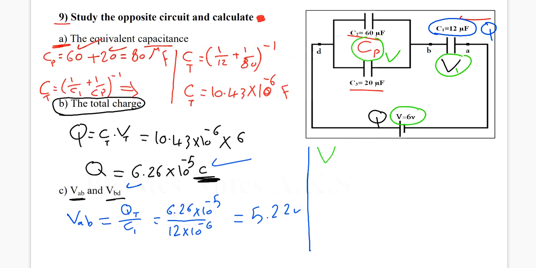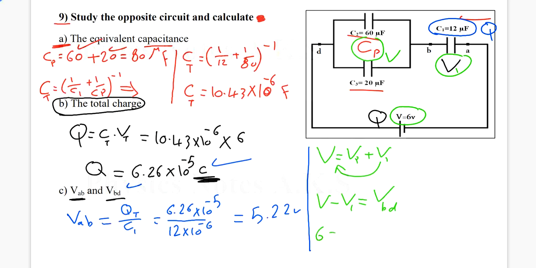So I can say V total is actually V parallel plus V1. V parallel is actually the VBD. So I bring this to the other side, it is V total minus V1, which is VAB, equals V parallel, which I will name BD.